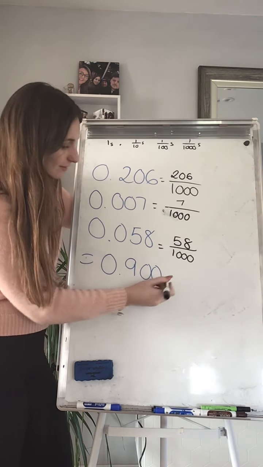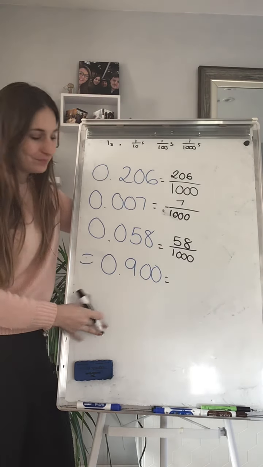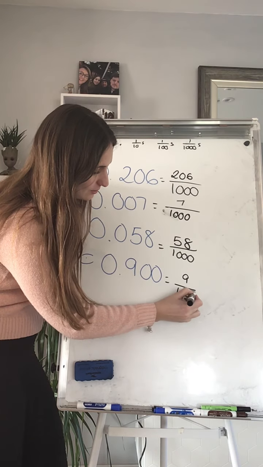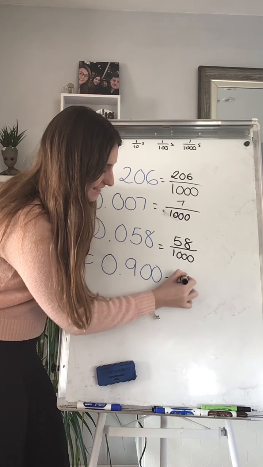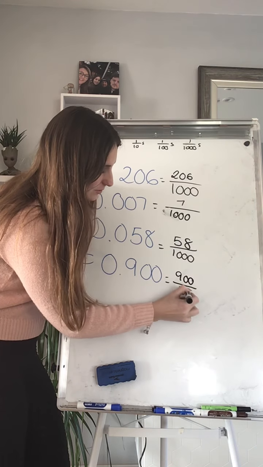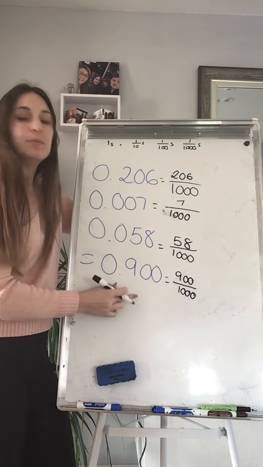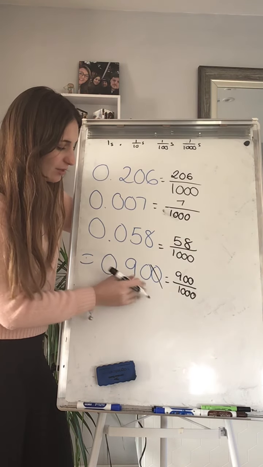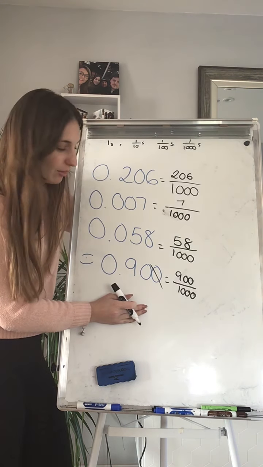And my last one, what can you see there? Okay, you can see 900 thousandths if we read it. But then we said that that's the same as this. If I only look at that 0 on my right, that means nothing.